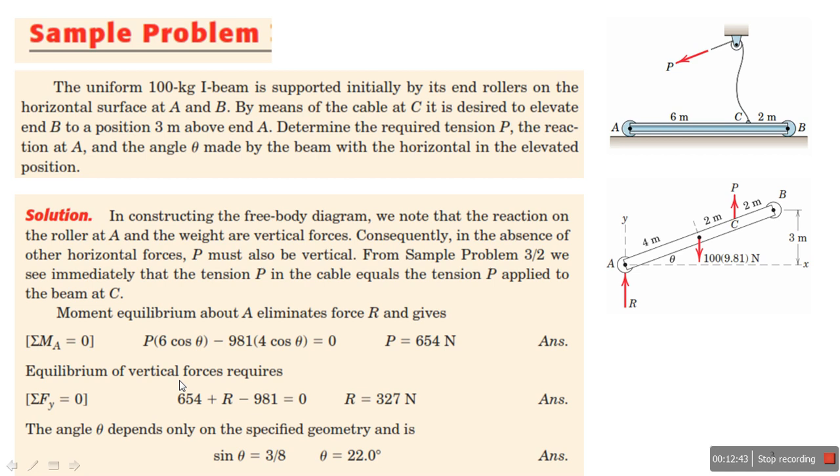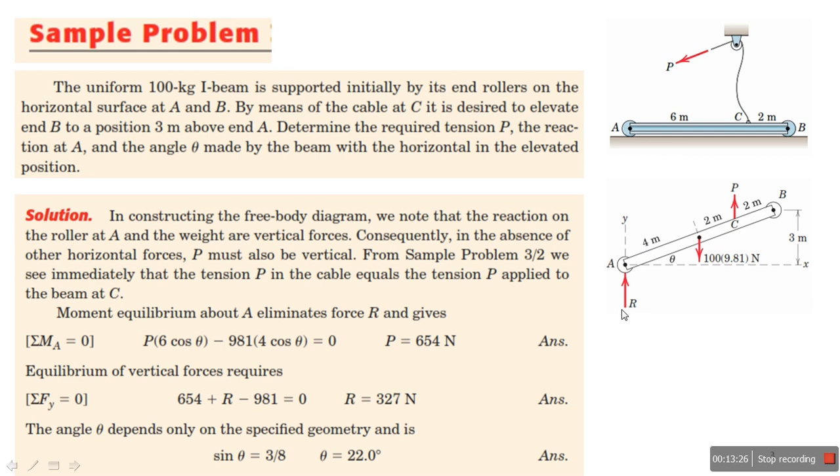Now the equilibrium of the vertical forces. I will take the summation of all forces in the y direction equal to 0. This is in the y direction, so it is 654 upward, plus R, because R is in the same direction as P, minus the weight, so I can get R, that means the reaction at point A. Now I need to get the angle theta.